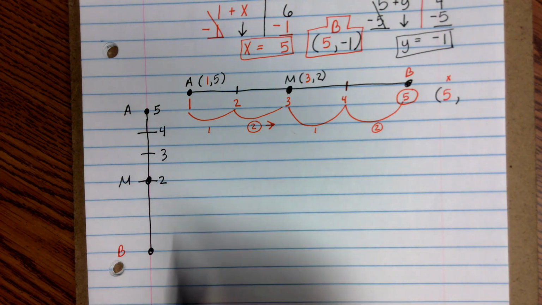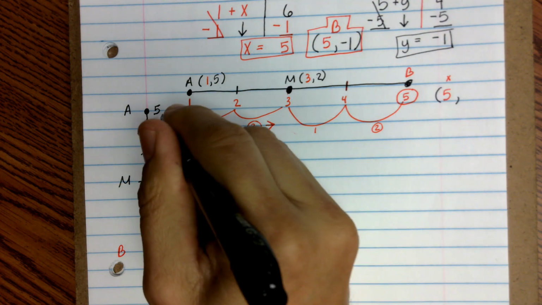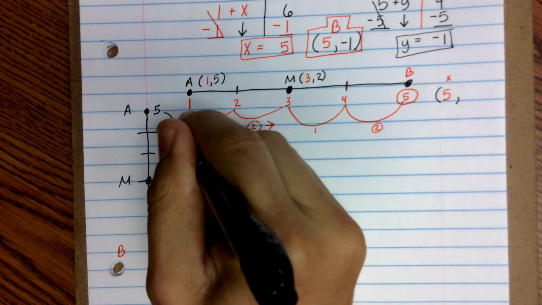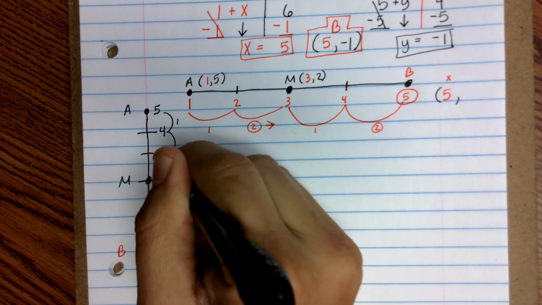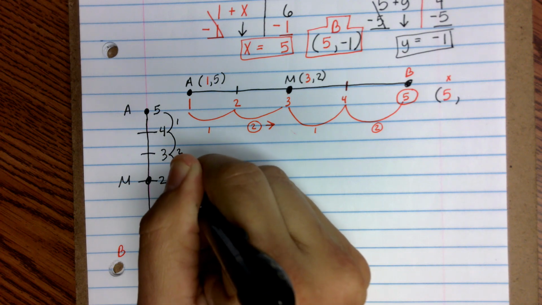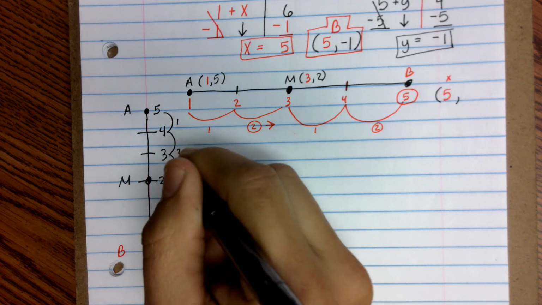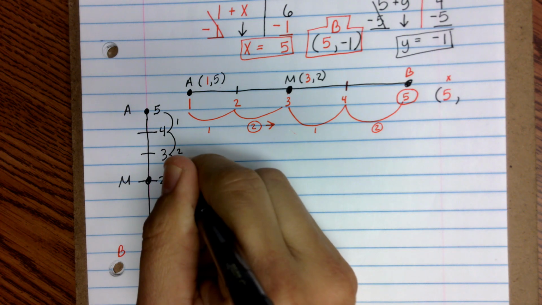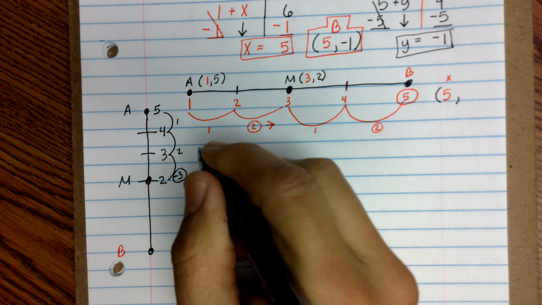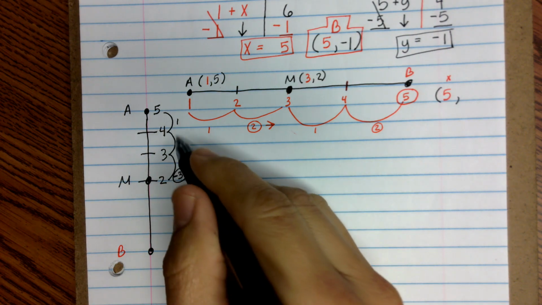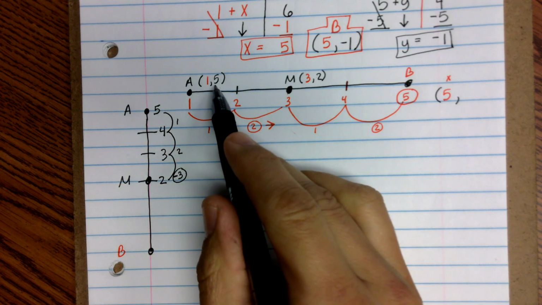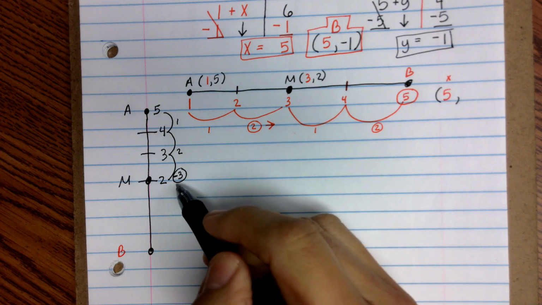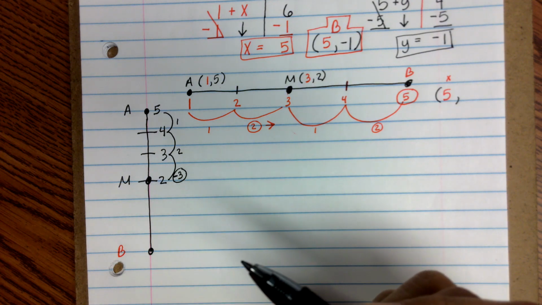So to get to 2, we had to move down 1, 2, 3. So going down 3 means that we subtracted 3. I just counted how many spots we went down to get to positive 2. So the change between 5 and 2 is a minus 3. So we went down 3, or subtracted 3.